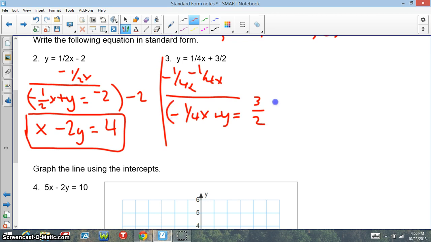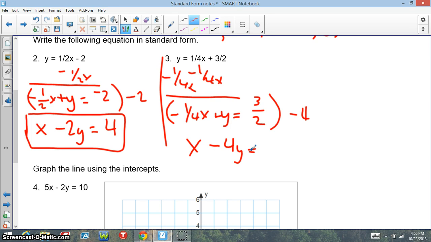So I'm going to multiply my entire equation by a negative 4, because 4 times a fourth is 1. Negative 4 times a fourth is just 1, so it's just x. Negative 4 times y, so minus 4y equals.